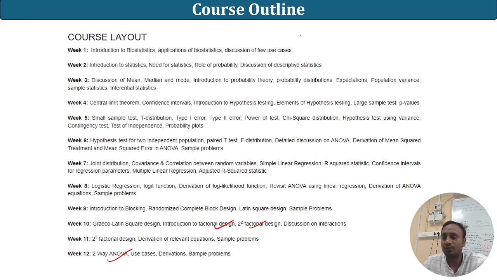If you do it with hand calculation, it will take much more time. Now that you have the idea which test to use and how to use it, you can write the code and do it. Any doubt till today? Okay, sir. If there is, we'll ask next class.